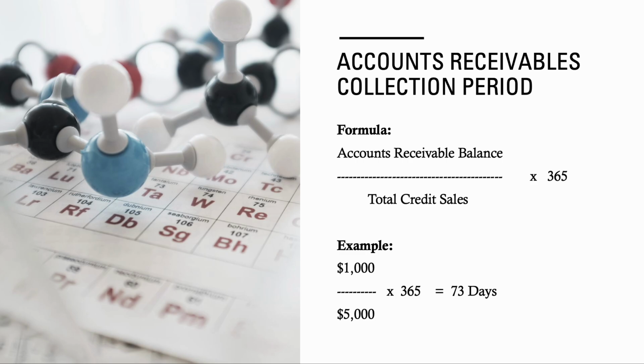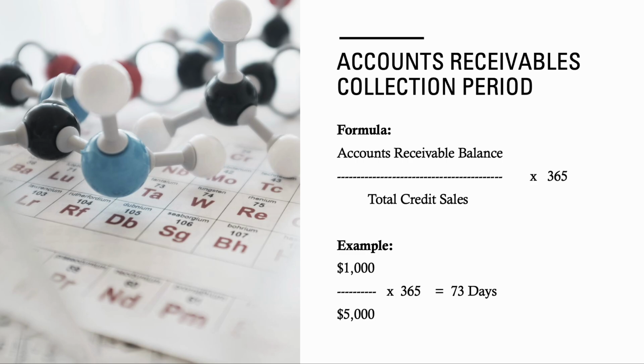So we take the current outstanding accounts receivable balance, which is $1,000, and we take the overall credit sales, which is $5,000, and then we multiply it with 365 days in a year, and this gives us the average accounts receivable collection period. So that means if I sell the products on 1st of January, it takes me 73 days, which is almost around mid of March, for me to collect my receivables.